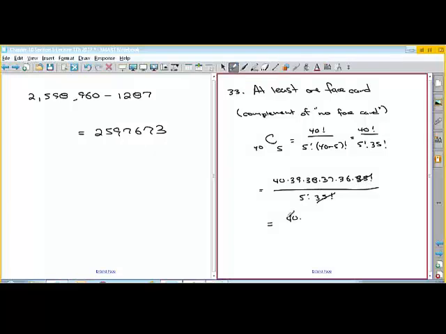So the 35 factorials cancel out, and we end up with 40 times 39 times 38 times 37 times 36 over 5 times 4 times 3 times 2 times 1.